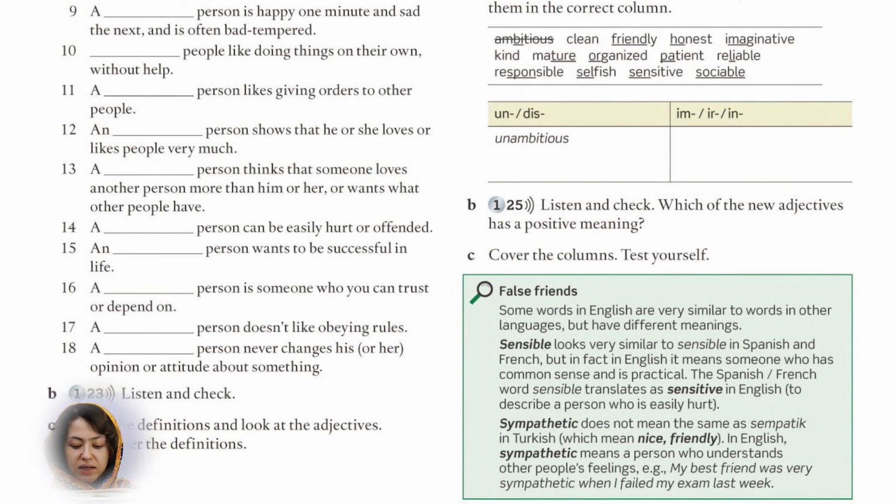And sympathetic in Turkish, we say sempatik. It means funny or nice, a cool person. But sympathetic is different here. Sympathetic means a person who is able to understand other people's feelings and put herself or himself in their situation. So it's really important to understand the meaning of this.